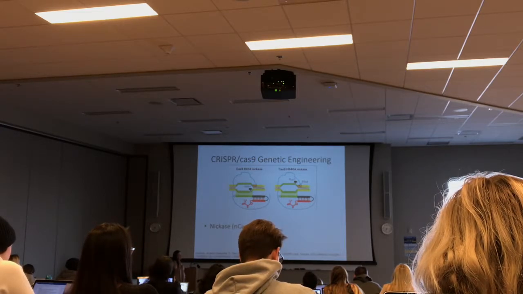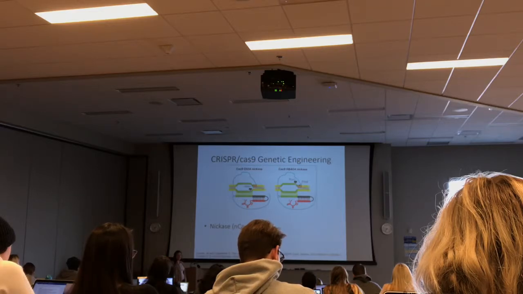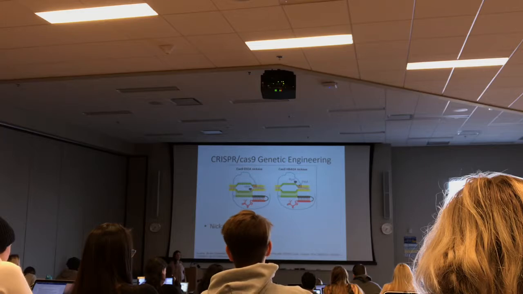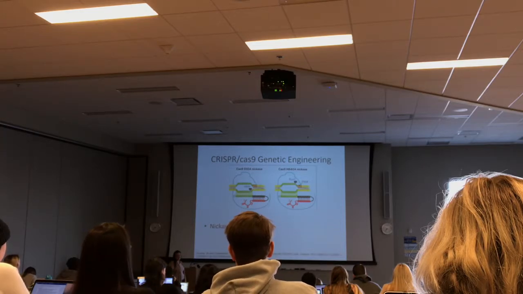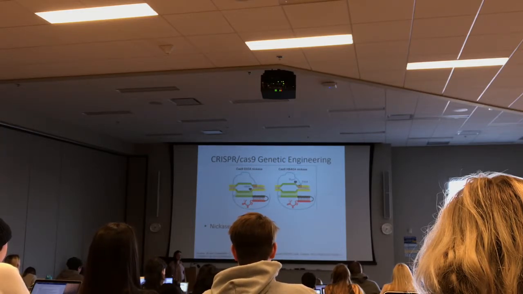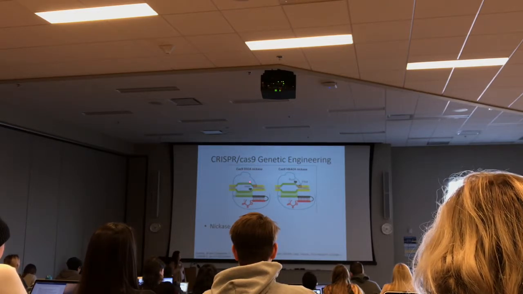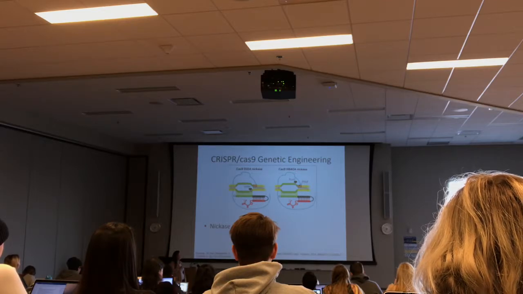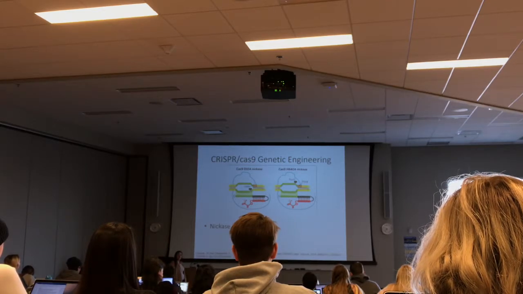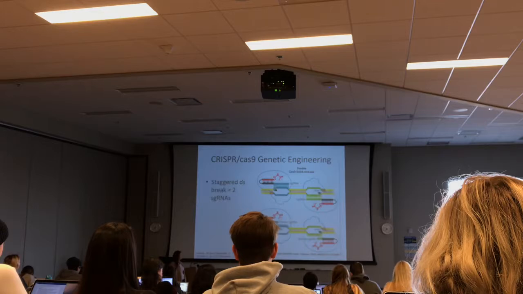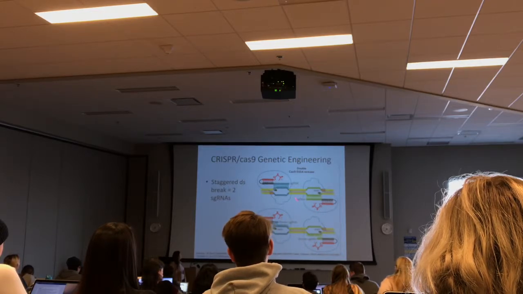There can be a variety of reasons why you might want to make a nickase, but one reason would be because by nicking here, that single break is going to be detected, and then cells will try to repair it. Sometimes with, again, homology-directed repair, so you could use a nickase to introduce a new mutation there, or to fix a mutation, you could try.